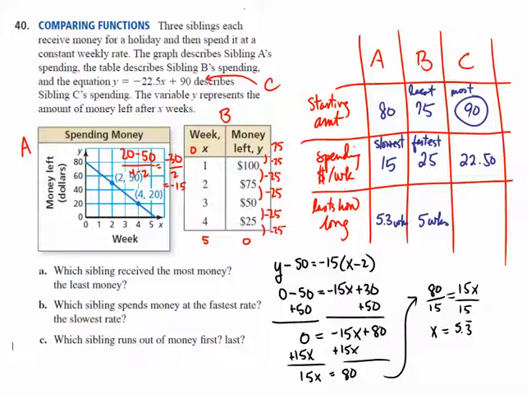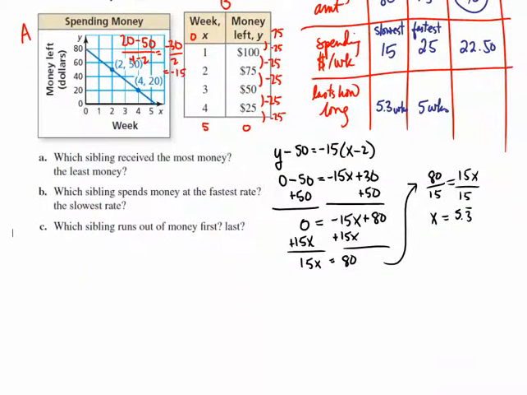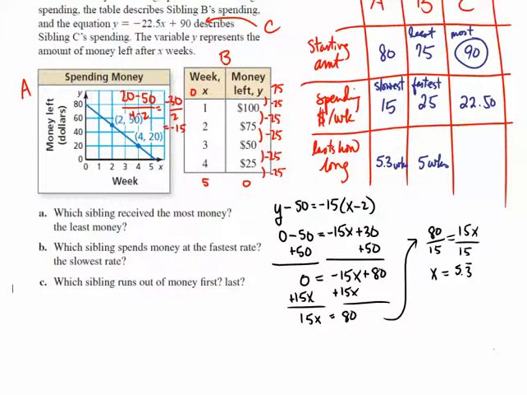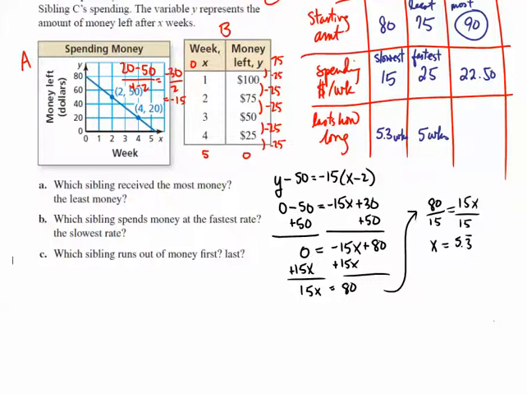Now, the only thing we don't know is sibling C. We're going to do a similar type of thing. I'm going to scroll down just a little bit, give us a little room to work with here. For sibling B, we have the equation. Go back up. I'm sorry. Sibling C, the equation was negative 22.5x plus 90.